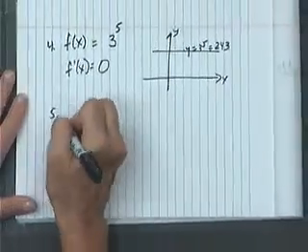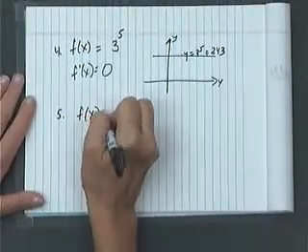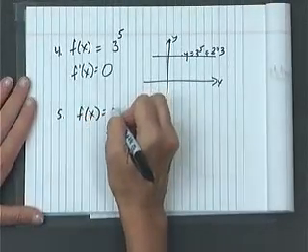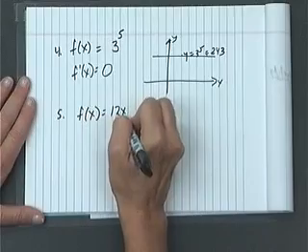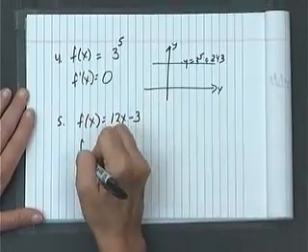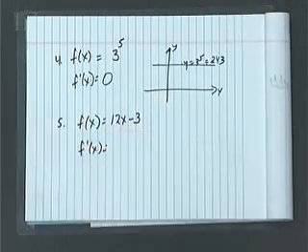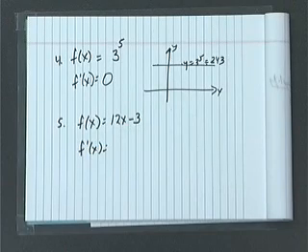All right, next example. F of x is equal to 12x minus 3. And I want you to find the derivative. F of x is equal to 12x minus 3. Find the derivative.